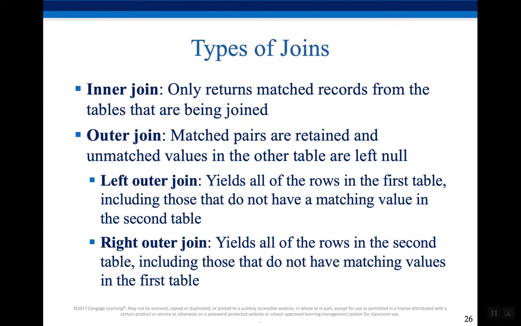So everything is in one table but not in the other, and you can do it either way, or the inverse of that, between the first and the second table. These types of joins, inner joins and outer joins, are all things that we will actually see in real life scenarios.